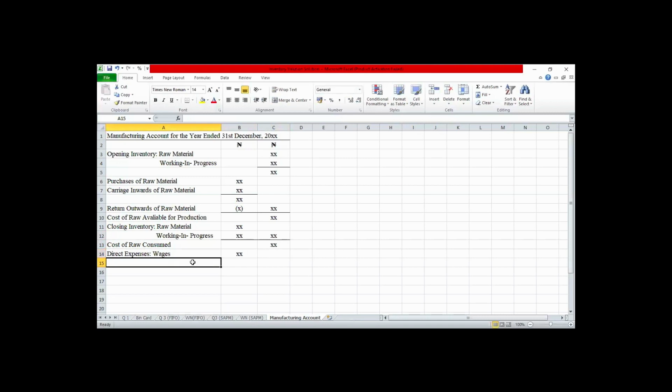We have lubricant. And others. Put it here. When we add this together, add to what you have here, when we add all this together, then what we are going to get next is called what?